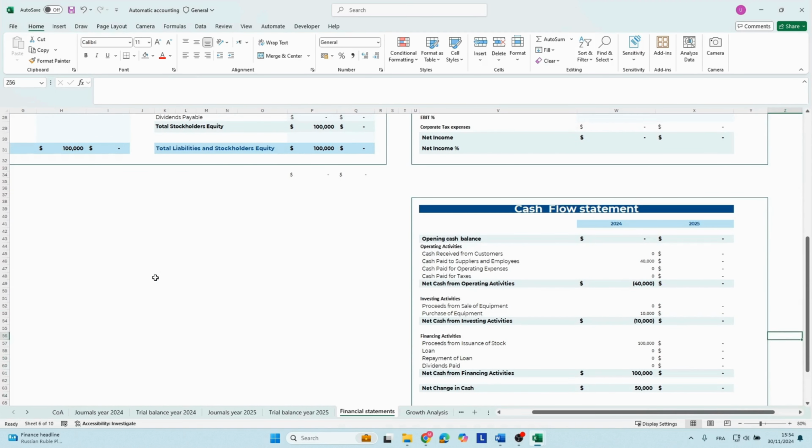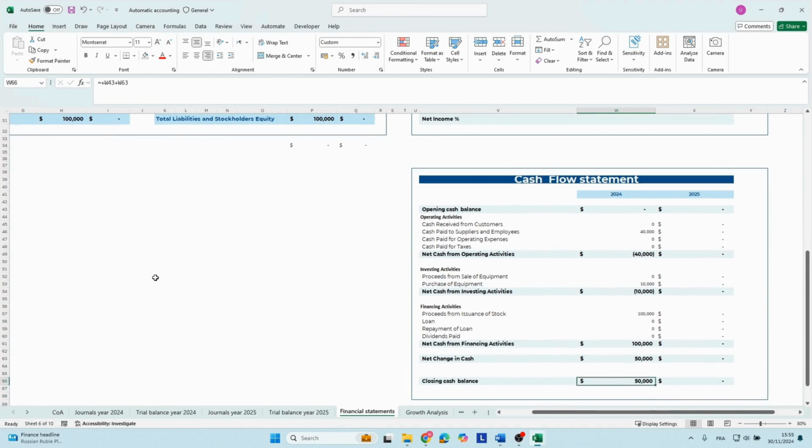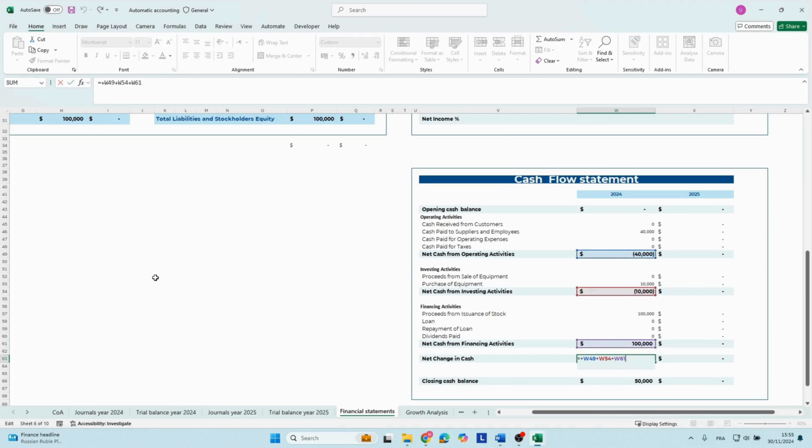And you see here in the cash flow statement that we have net cash from operational activity of negative 40,000, because we spent money on buying inventory. Cash from financial activity is positive, the same 100,000. Now we have the net change in cash for the period, which is 50,000, the addition of all these transactions.